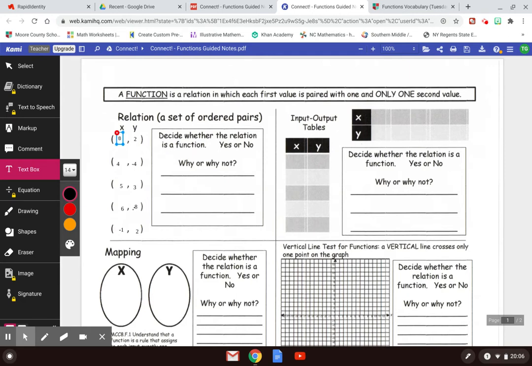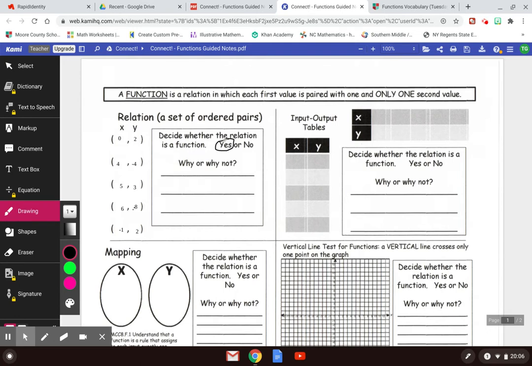Meaning, do I have any more than 1 0, any more than 1 4? Do I have more than 1 5, more than 1 6, or more than 1 -1? The answer is no. So what we say here is decide whether the relation is a function, okay? And we would just circle, yes, it is.